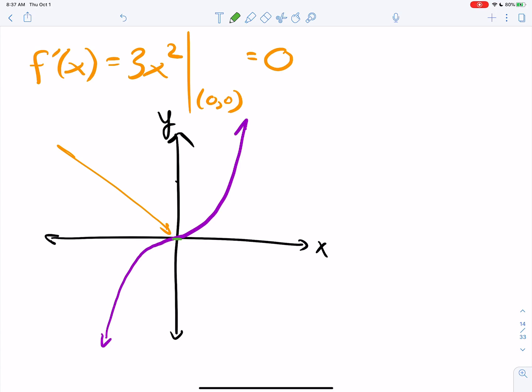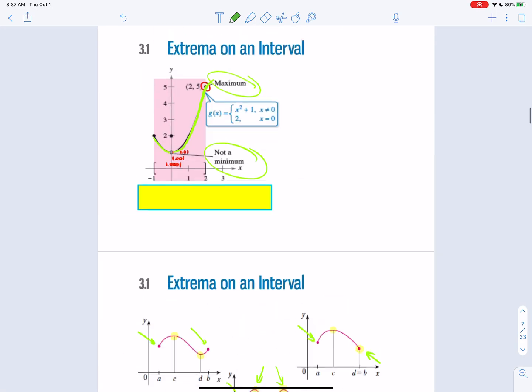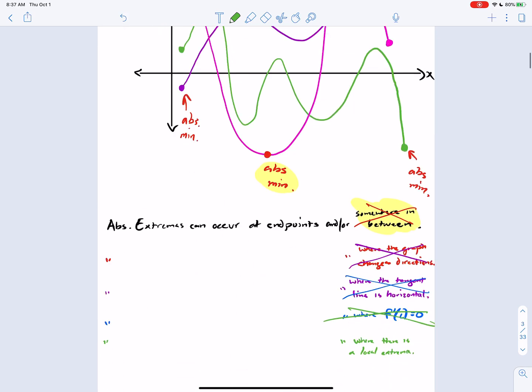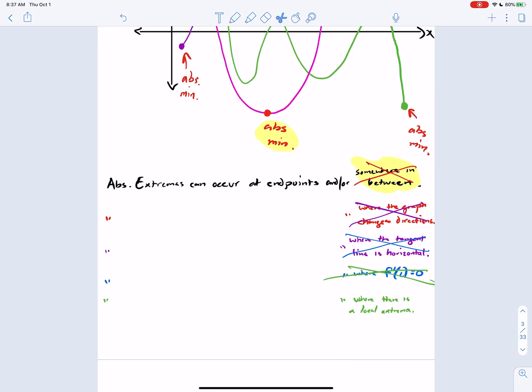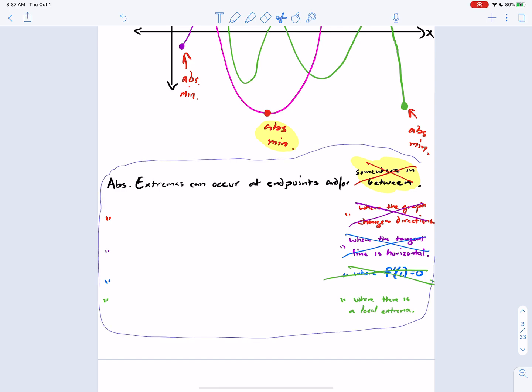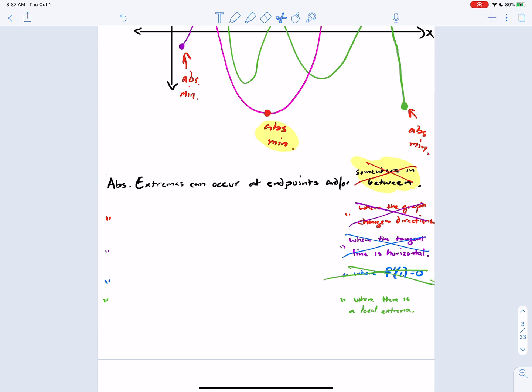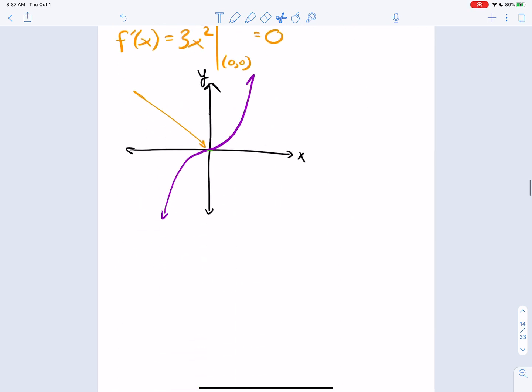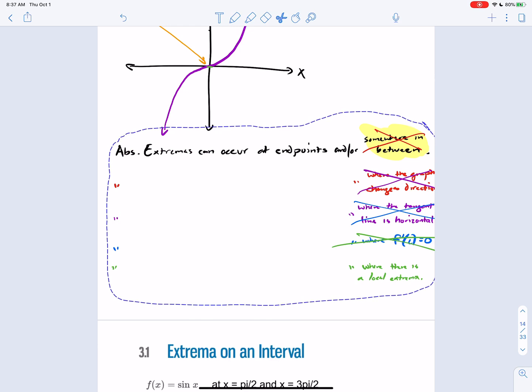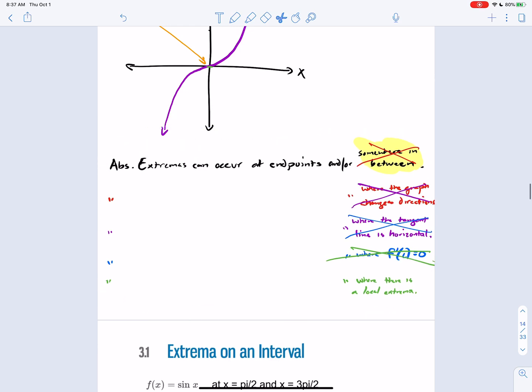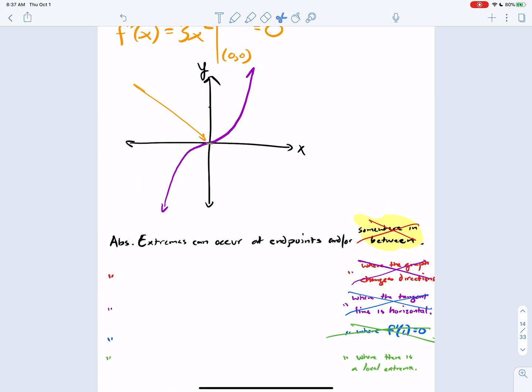Let me review real quick. I'll copy paste this so that we don't have to go back and forth. We have this right here. We started crossing out statements that were equivalent to make them a little bit more specific. So here we found out that this is where the derivative is 0.